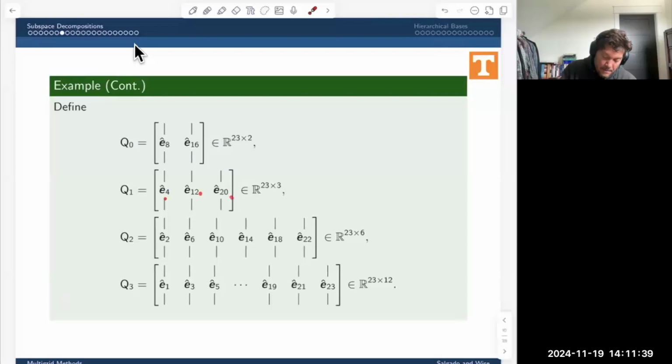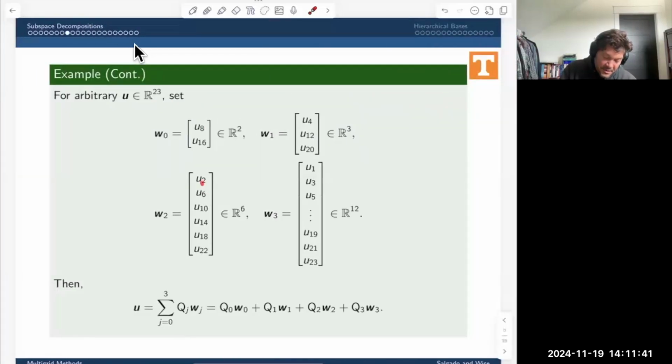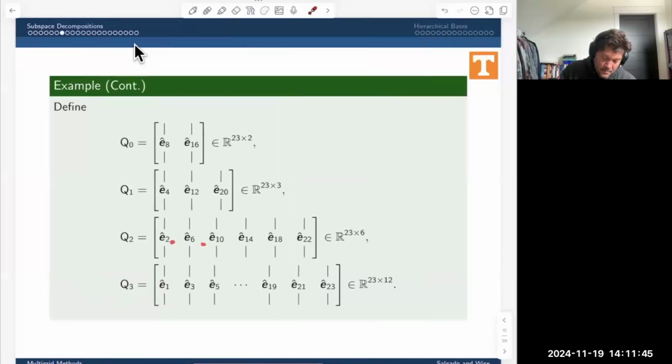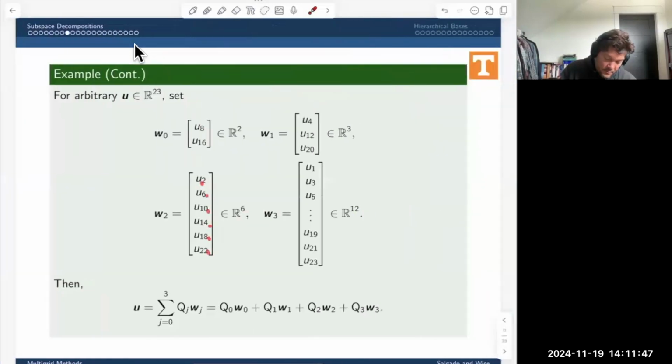Then 2, 6, 10, 14, 18, 22, I meant to say. And then the last one is all the odd indices, 1, 3, 5, 7, all the way up to 19, 21, 23. So I've broken this up into effectively 4 subspaces.